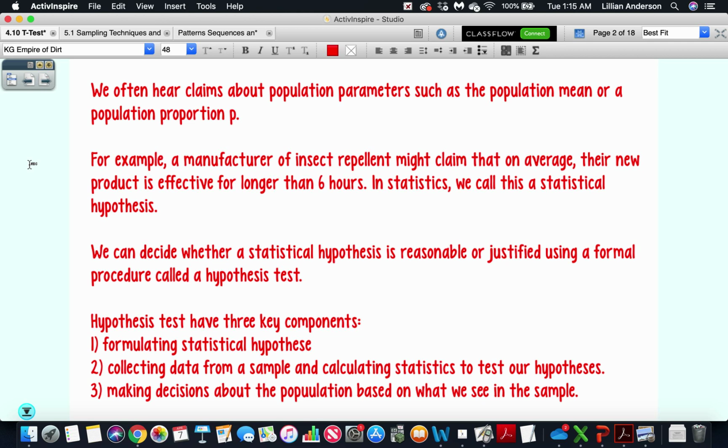They're used for formulating statistical hypotheses, for collecting data from a sample and calculating statistics to test those hypotheses, and also to make decisions about the population based on what we see in the sample. So that's what you did when you did chi-squared, the goodness of fit test, and you're going to continue to do it with the t-test this week.